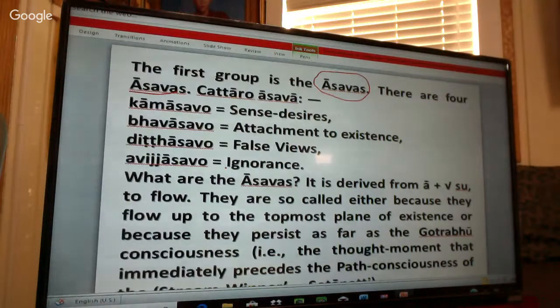Attachment to existence is also lobha. So Kamasava and Bhavasava are in reality the same, lobha. But they have different desires, different attachments: Kamasava is attachment to sensual pleasure only, but Bhavasava is attachment to existence.